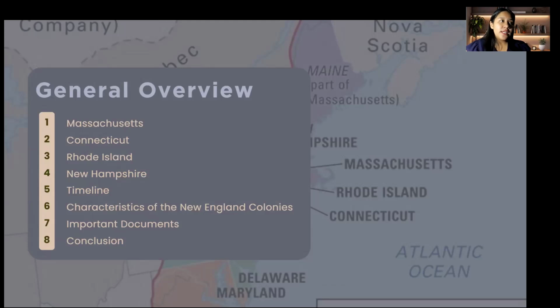Then I am going to present a timeline summary of the information that I already provided, and then I'm going to explain some general characteristics of the New England colonies. And also, I'm going to explain more about these important documents that I mentioned that bring important information to the United States history, okay? As well, giving a conclusion at the end.